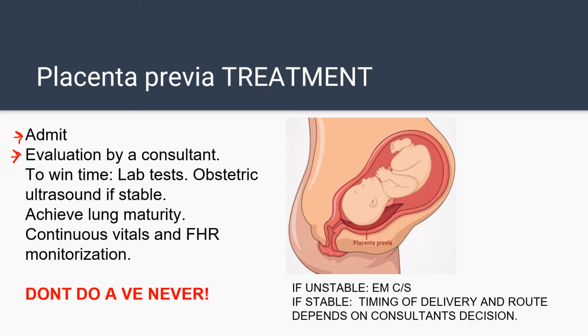Maybe they are busy, or they can come but in an hour. So to win time, at that moment we ask for lab tests: blood group, because maybe she will need a transfusion, also a full hemogram to assess the quantity of blood, and an obstetric ultrasound if the patient is stable.